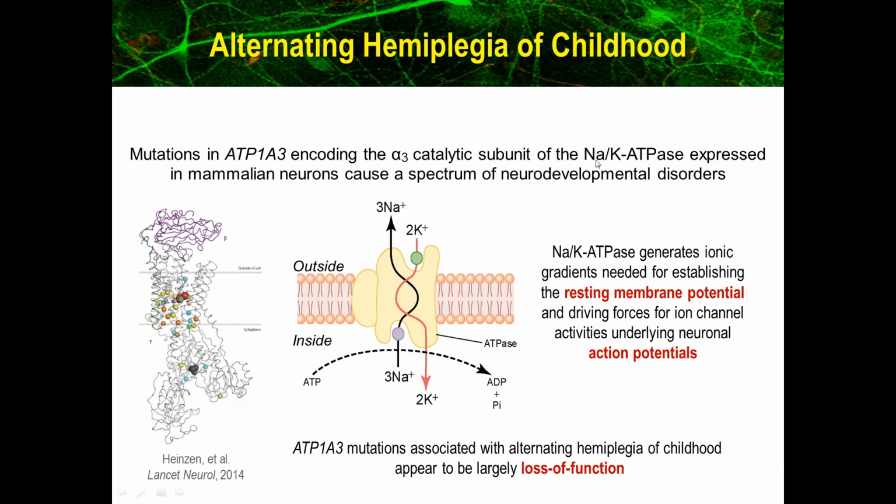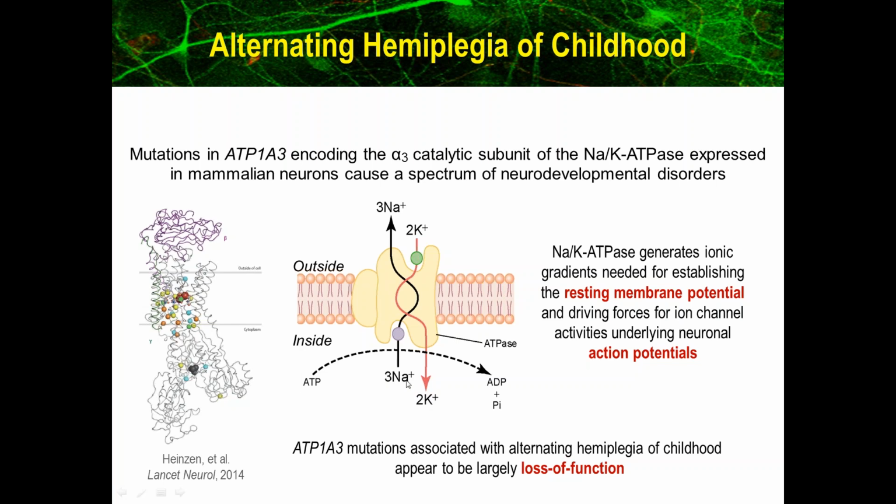We abbreviate sodium as Na and potassium as K, so that's why it's NaK ATPase. This is basically an ion pump, as illustrated in this cartoon in the middle of the screen. In all cells, it is removing sodium ions from inside the cell and replacing them partially with potassium ions.